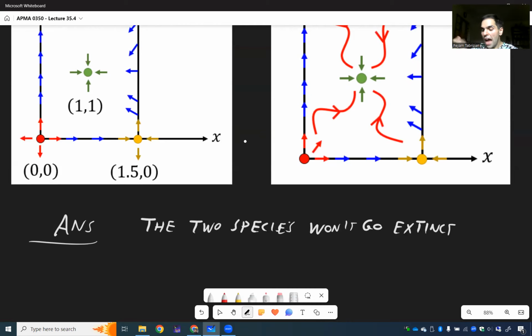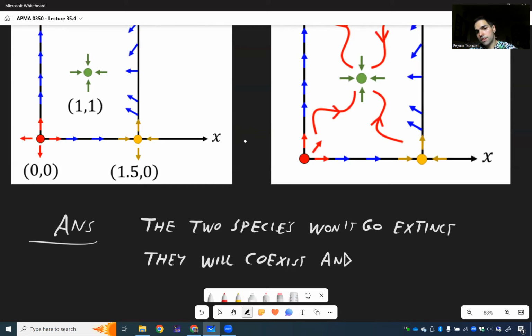They will actually happily coexist, and eventually reach the equilibrium (1, 1). So eventually the rabbit population will be 1 and the sheep population will be 1 as well.